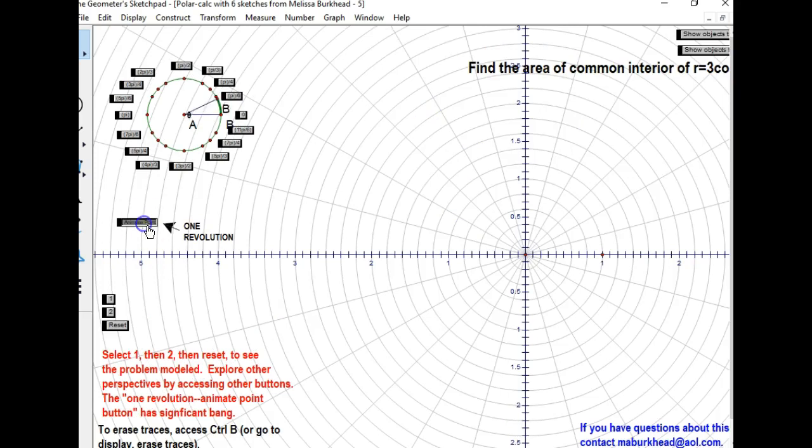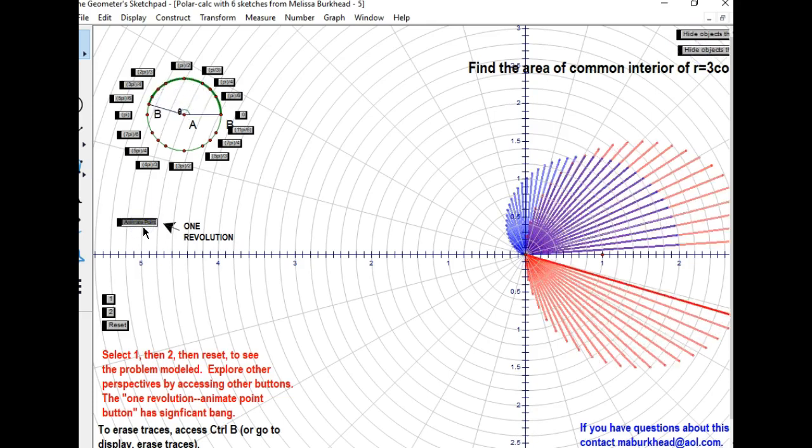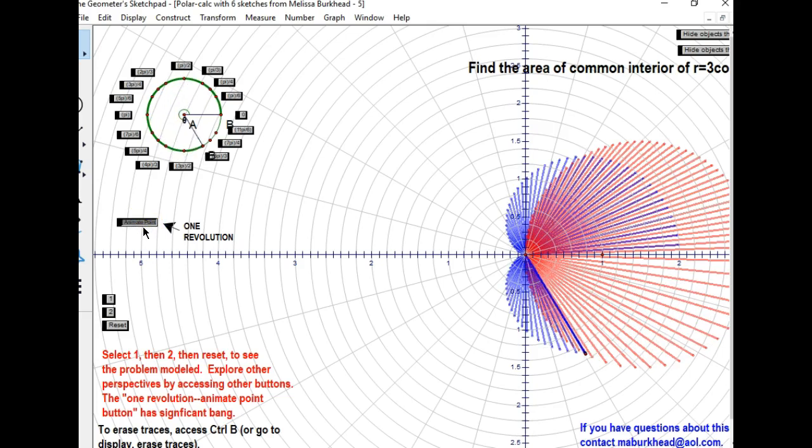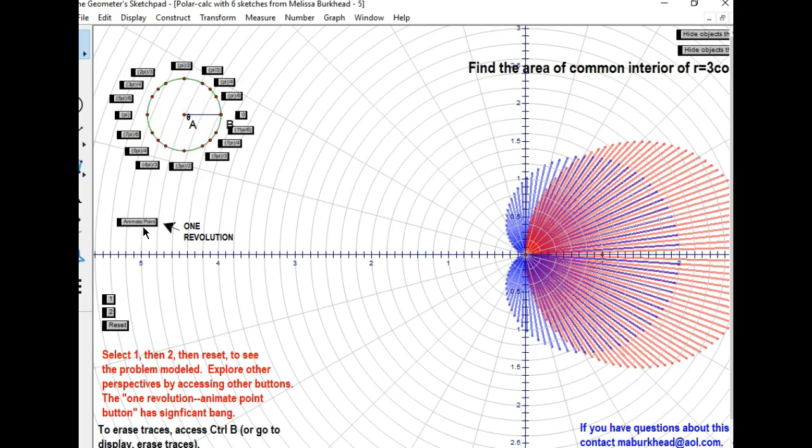All right, here we go. And we're looking for this cool spot that kind of overlaps, right?